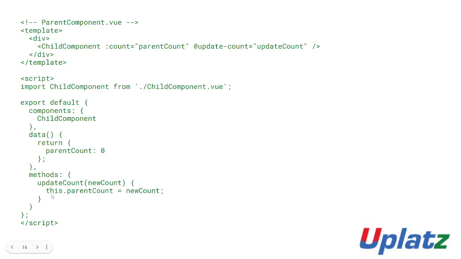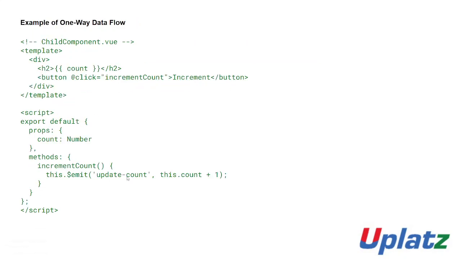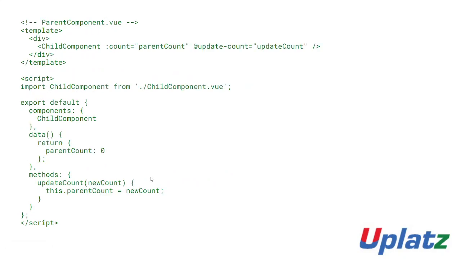So in this way, the child component also can emit some event to change parent data. Here parent data is used, parent data is changed. What is changed? Parent data is changed, but not inside of Vue, outside of Vue, in the parent component.